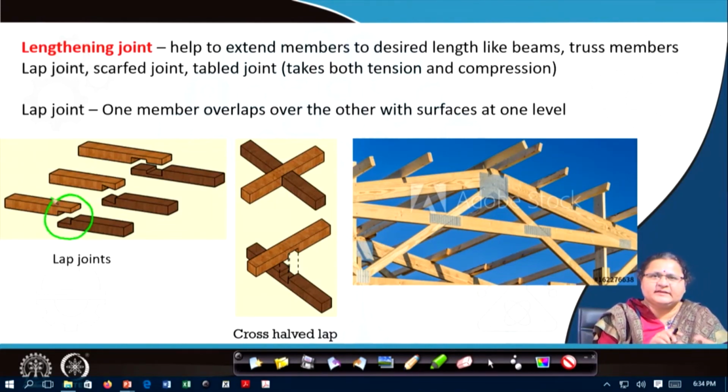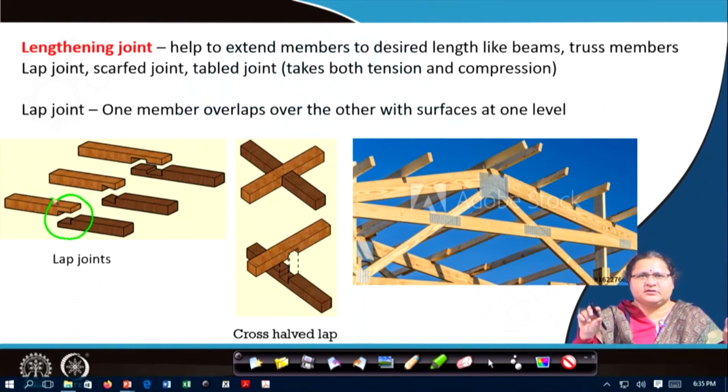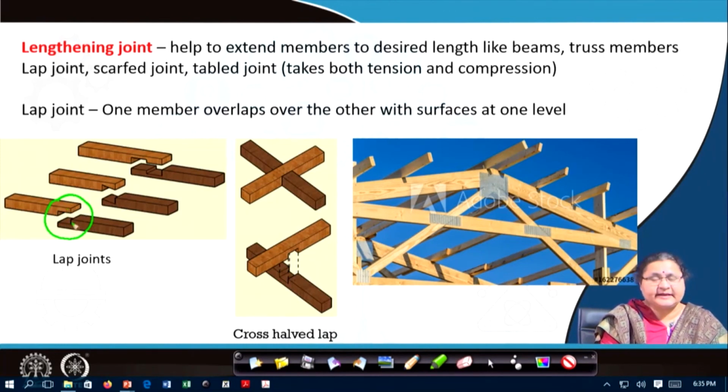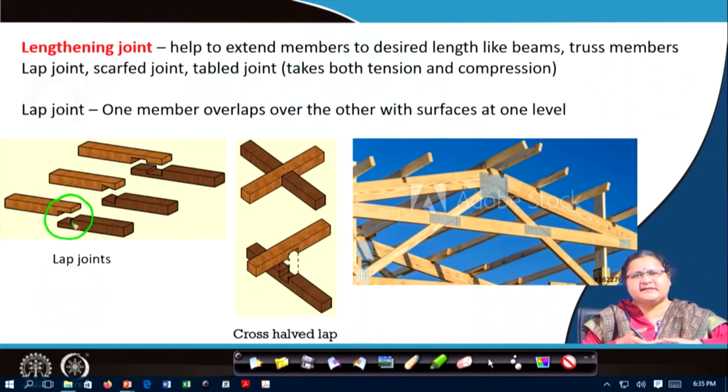So to maintain the thickness and continuity, half of one member has been taken out and half of the other member has been taken out, and in the opposite direction they are placed and they form together one member.